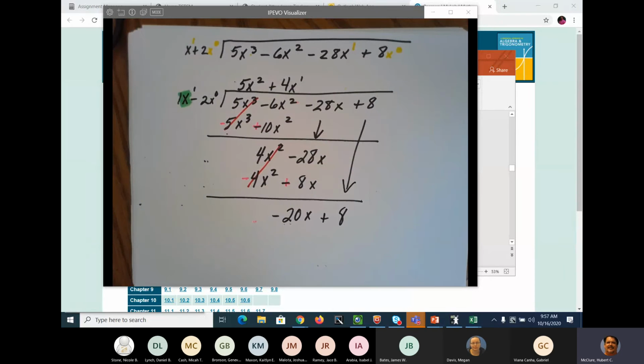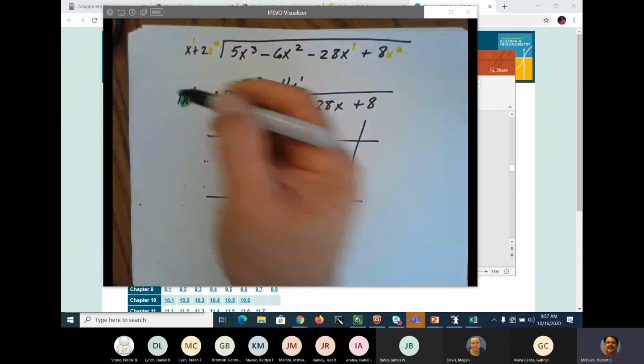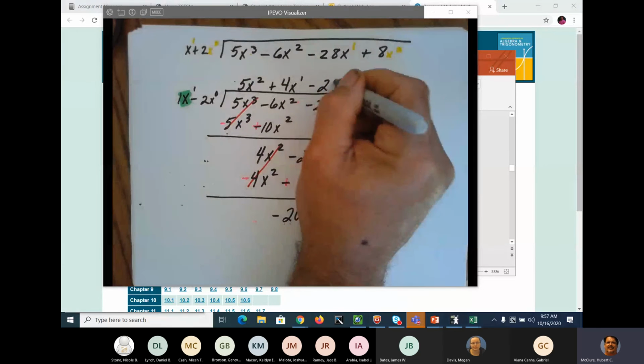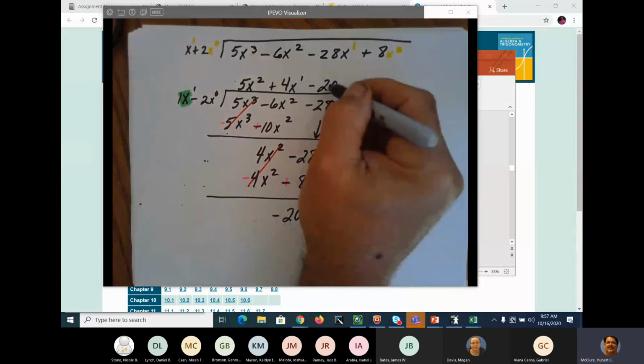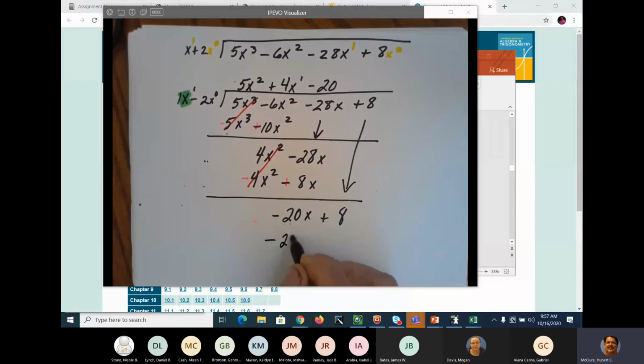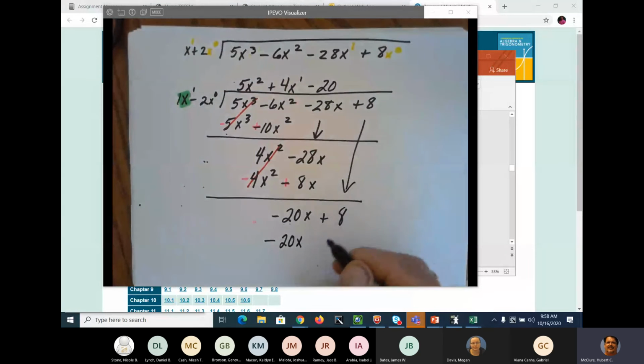Now be careful here because you've got a negative now. So that means how many times will x go into -20x? -20 times 1x is -20x. -20 times -2 is +40.